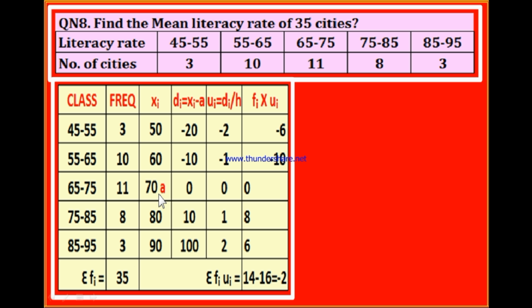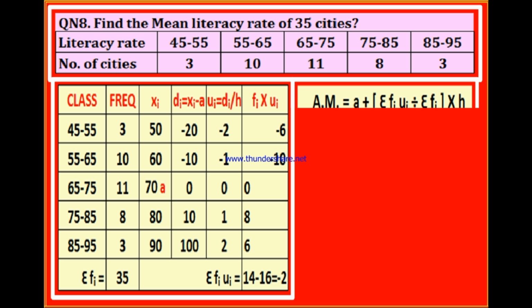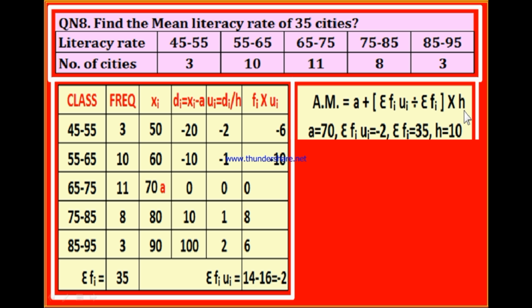Sigma fi ui is minus 2, sigma fi is 35 and a is equal to 70. Clear? Now we have all these values and we are going to find the arithmetic mean using step deviation method. Therefore, let us write the formula. Using step deviation method, arithmetic mean formula is a plus sigma fi ui divided by sigma fi, into h.